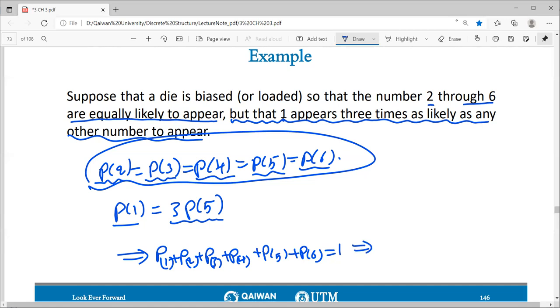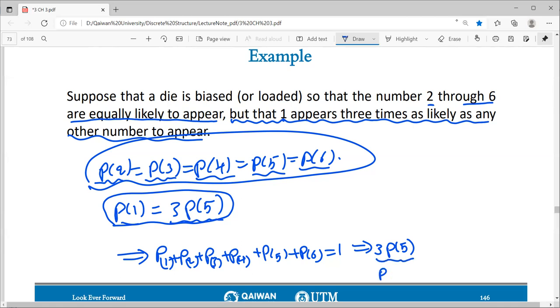As we said before, it's given that probability of 1 is 3 times the probability of each of the others. We took probability of 5, so P1 is 3 times P5.